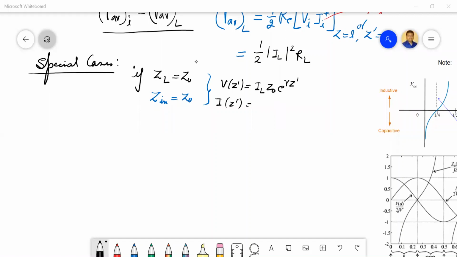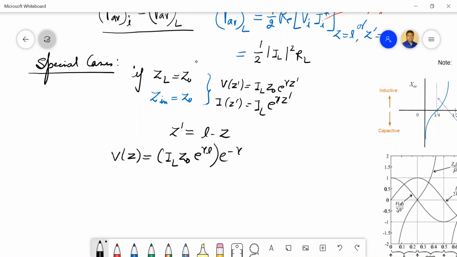So Iz will be IL e to the power gamma z dash. Now I told you that this z dash you can write as L minus z. So if you use this definition, you can write Vz as IL Z naught e to the power gamma L e to the power minus gamma z, or better, Vi e to the power minus gamma z.